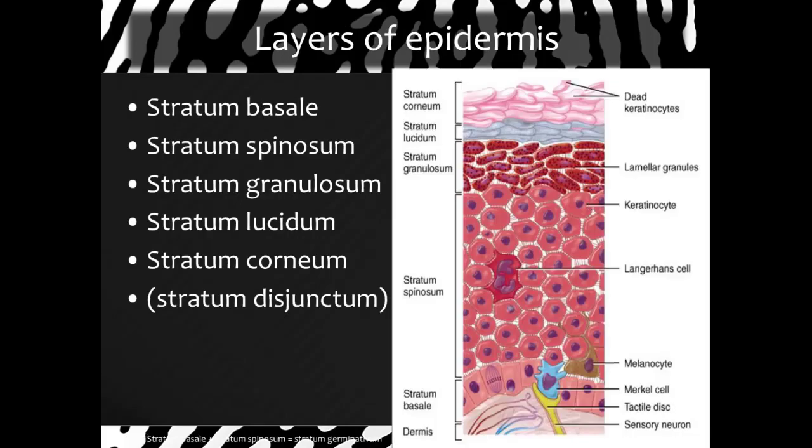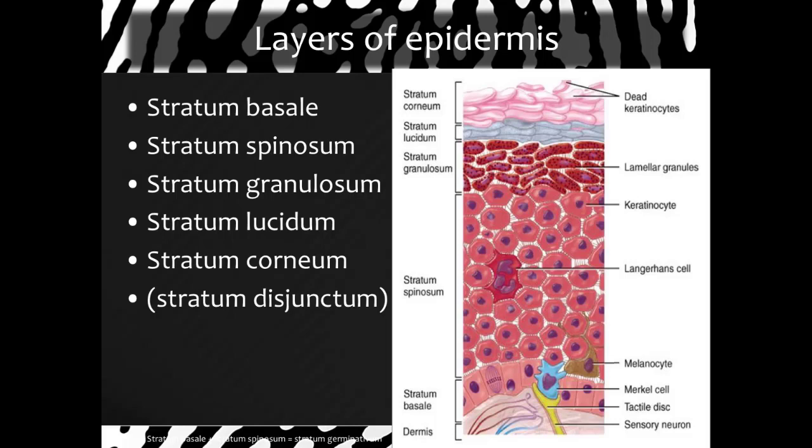So let's focus on the layers of the epidermis themselves. First, the deepest layer is called the Stratum Basale, which is composed of one layer of cuboidal to low columnar cells, which rest on the basal lamina, and you can see that these cells possess numerous mitotic divisions.